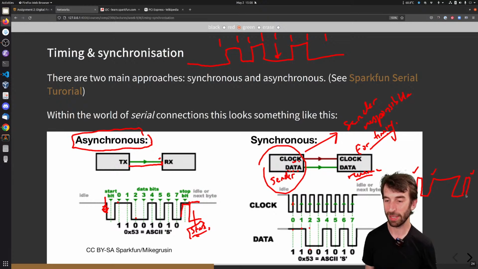So even if there's some issues with the timing, they can be solved just by the receiver watching that clock line carefully. Over here, both are responsible for their timing, so they have to agree on the timing beforehand. So receiver and transmitter responsible for timing.